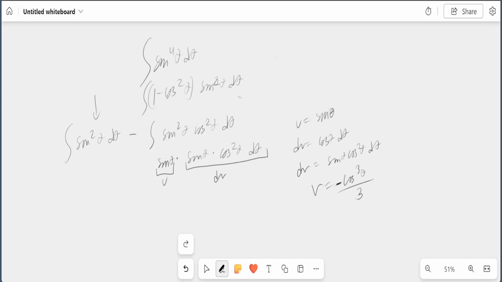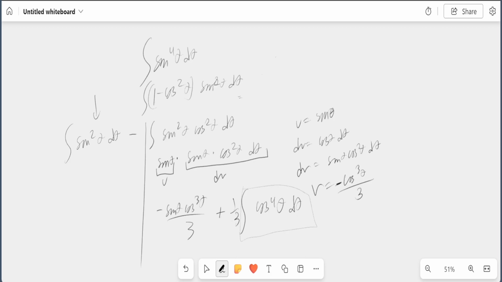Because the main problem I'm getting here is uv, negative sine theta cosine cubed theta over 3, minus v du, and now we get cosine to the 4th, I'll put a third out here, theta d theta, right? And then how do we do that?